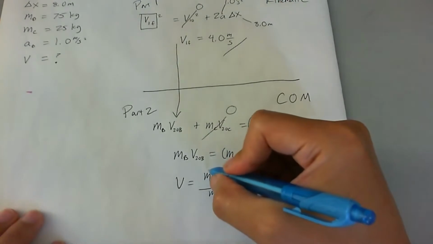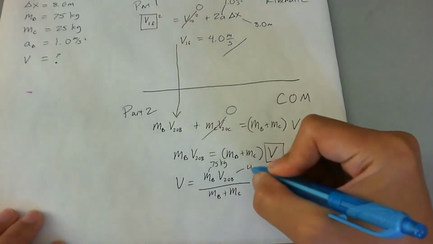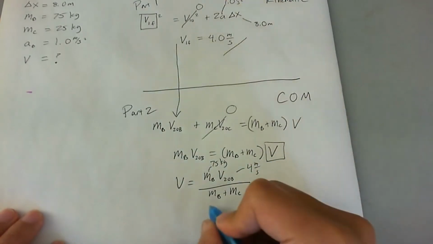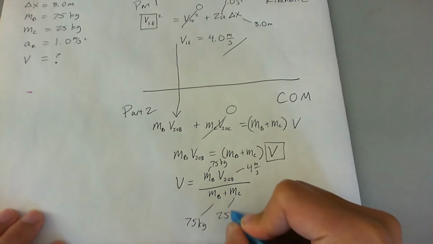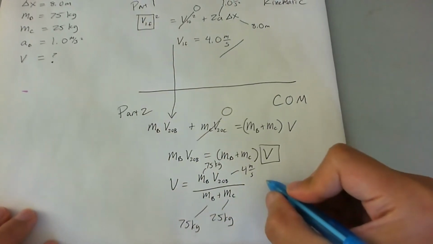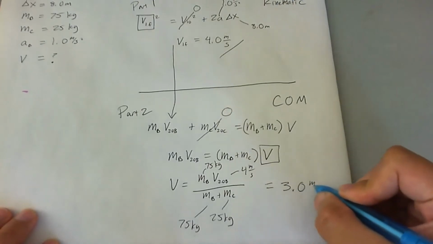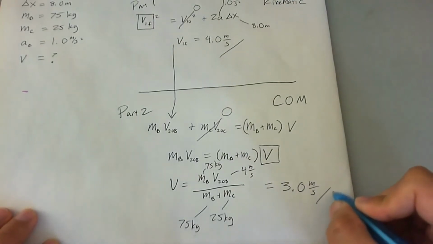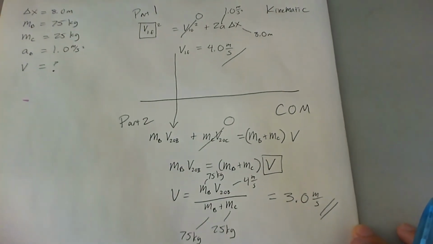We know this to be 75 kilograms, this is 4 meters per second, this is 75 kilograms again, and this is 25 kilograms. Doing all the calculation, this ends up to be 3.0 meters per second. And that's our final answer. That's the velocity of the Bob-cart system once Bob makes an impact with it.